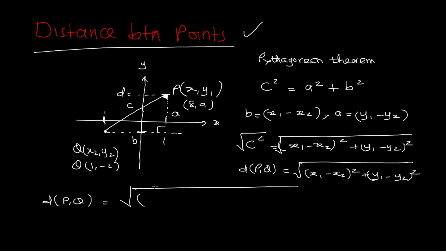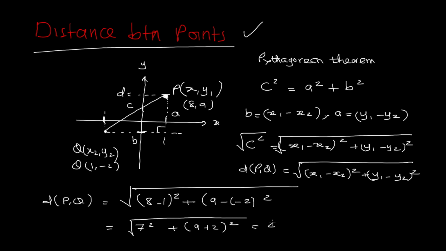So we start with the x's. The x is 8 here, so we can say 8 minus 1, and then the x2 is 1. So we do it like that. Plus, we get another one here: 9 minus negative 2, the square of that. So we get 7 squared plus 9 plus 2, like that.